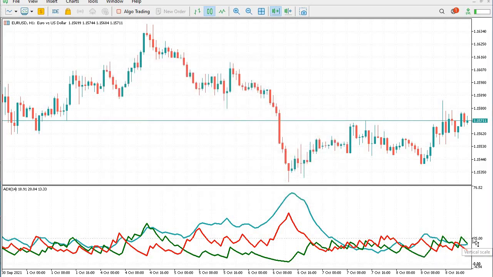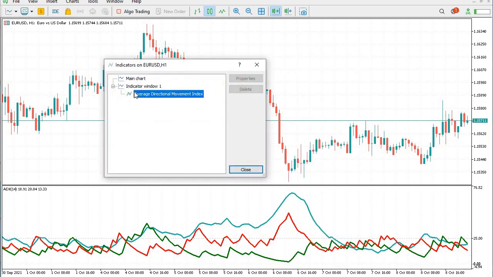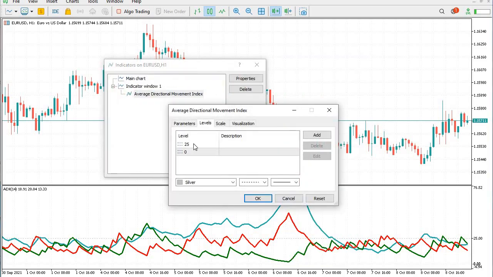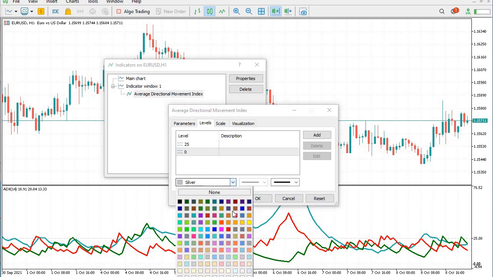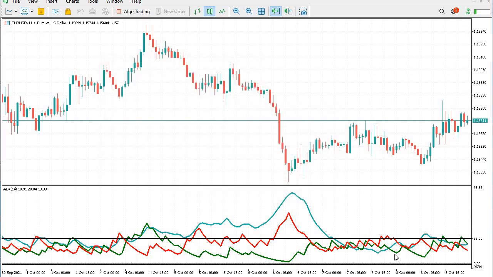You can see my level here is 25. Let me see if I can increase the line of my level so that we can see it clearly. I'll put it on black, it's fine. Now we can see we have the level 25.